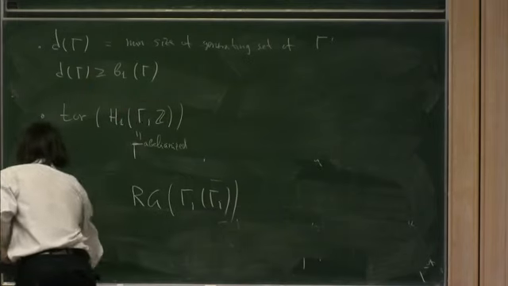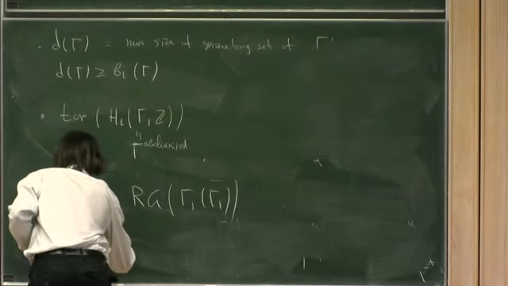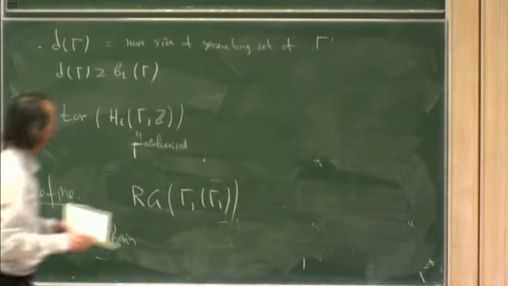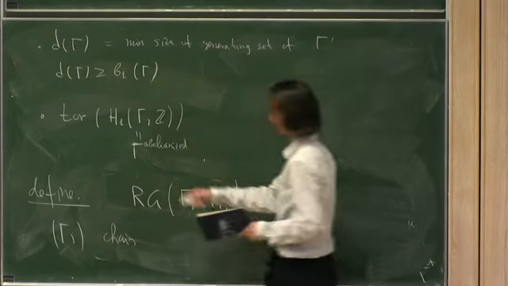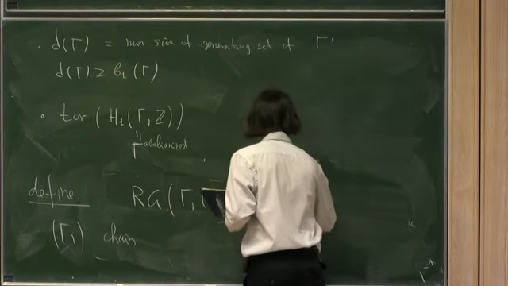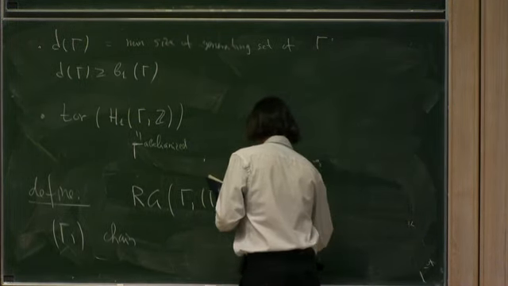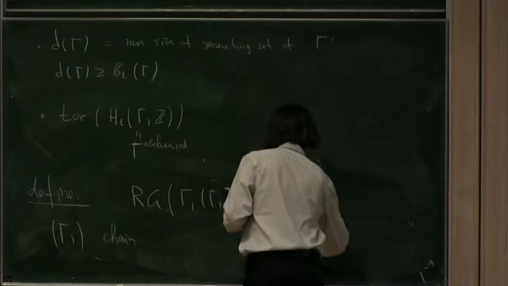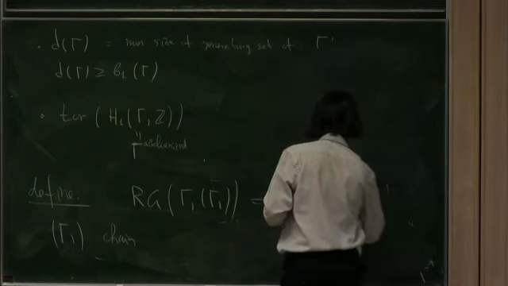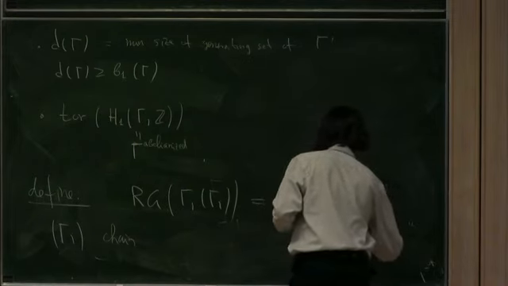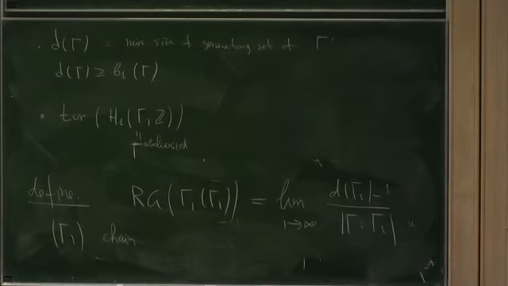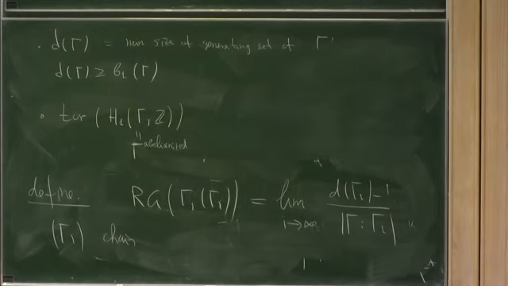Here I'm assuming that the Gamma_i form a chain, in order to define it in this nice way. If the subgroups are ordered by inclusion, then I can just take the limit of the number of generators minus 1, divided by the index, and I subtract 1 for monotonicity purposes.